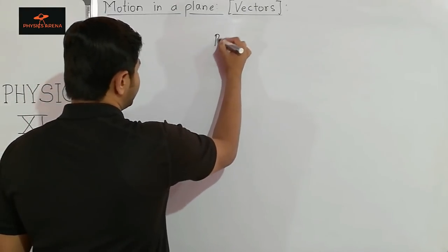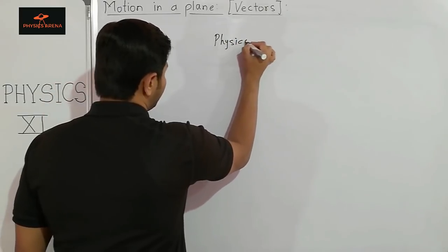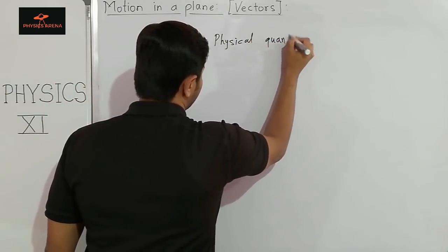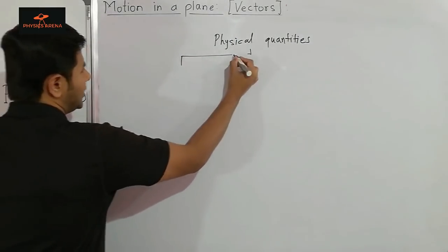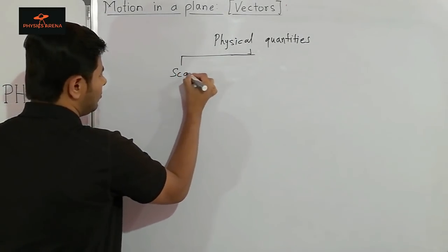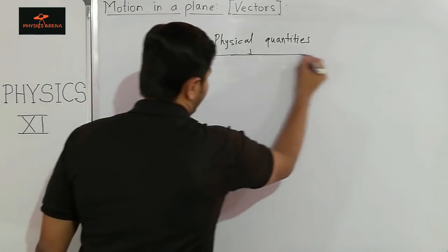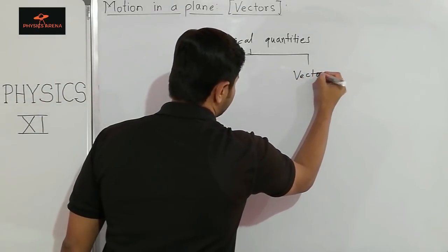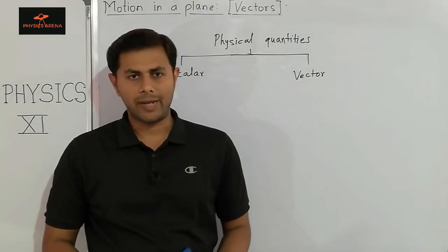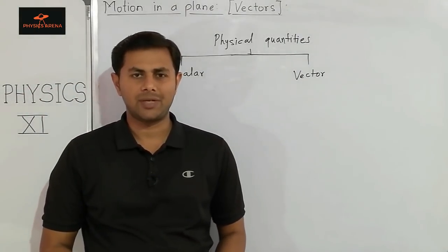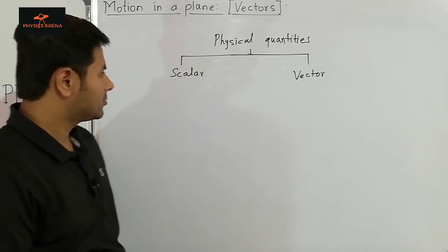There are two types of physical quantities: scalar quantities and vector quantities. The quantities which have only magnitude and no direction are called scalar quantities.